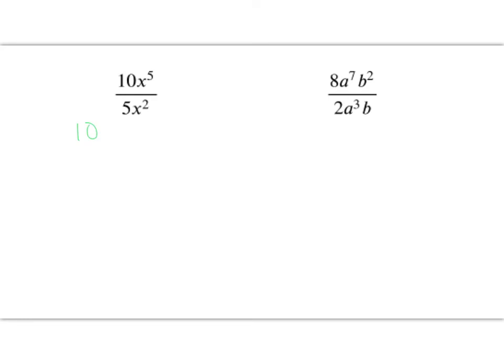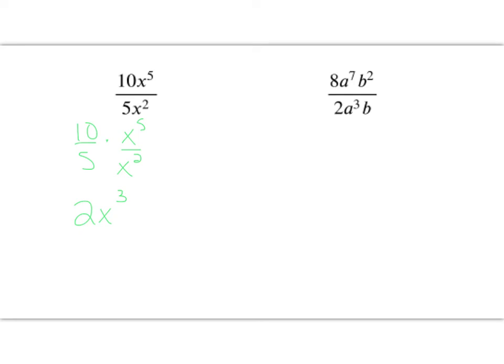I want to look at my coefficients, 10 divided by 5, times I want to look at my x's. I've got x to the fifth over x squared. So 10 divided by 5 is 2, and x to the fifth divided by x squared, I'm going to do 5 minus 2, so I will get x cubed. So that simplifies to 2x to the third power.